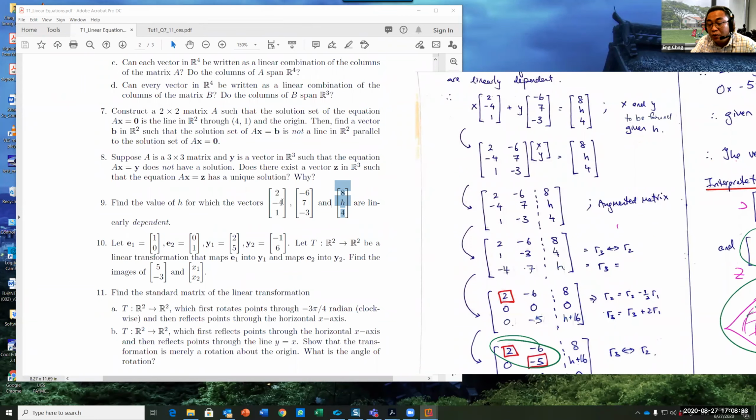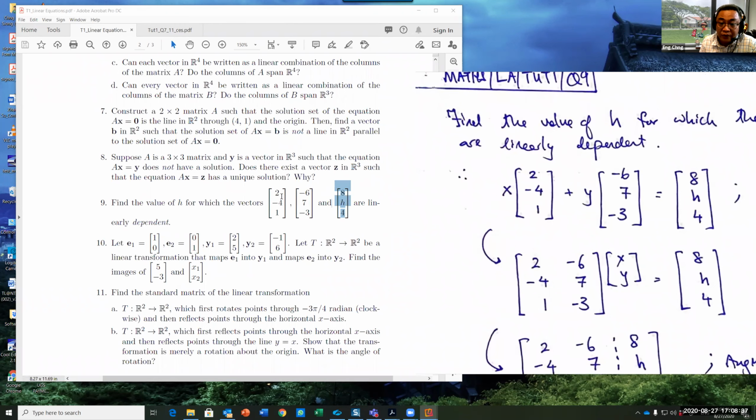Because there is no way, yeah. I'll give you an example. If the question is, are the vectors linearly dependent? This guy and this guy are definitely not linearly dependent. You can never find a constant such that y times this guy is equal to, let's say, this guy. There's no way.